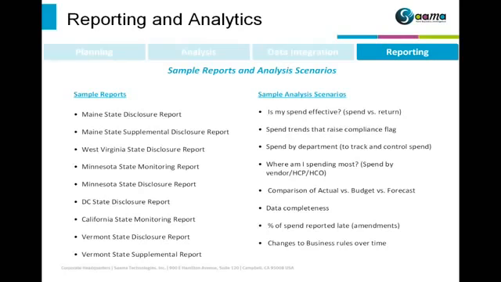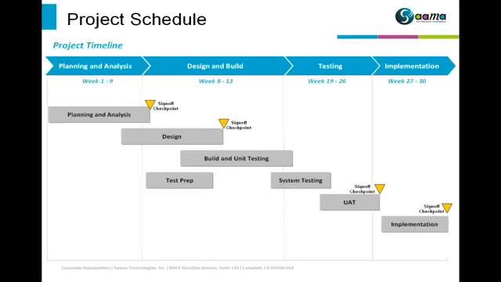Now let's turn to what the aggregate spend solution itself would look like in terms of project timelines. As you see from our past experience in a couple of implementations that we have had, typically this solution takes about 30 weeks for a mid-size to a large pharma company.